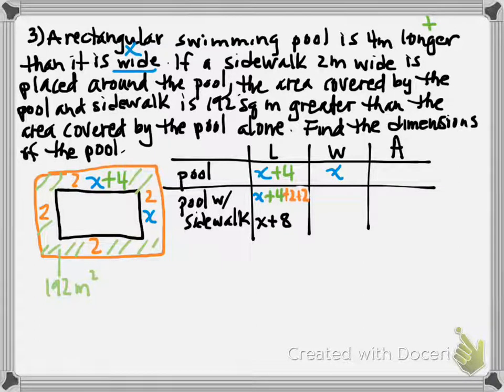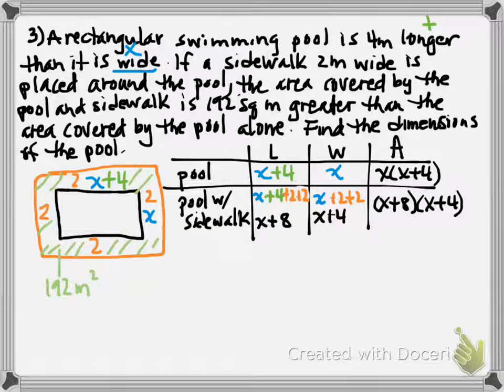And on the other, the width, I will be adding the 2 dimensions, the 2 additions to it for a grand total of x plus 4. So the area of the pool itself is just x times the quantity x plus 4. And for the pool with the sidewalk, it's x plus 8, x plus 4.